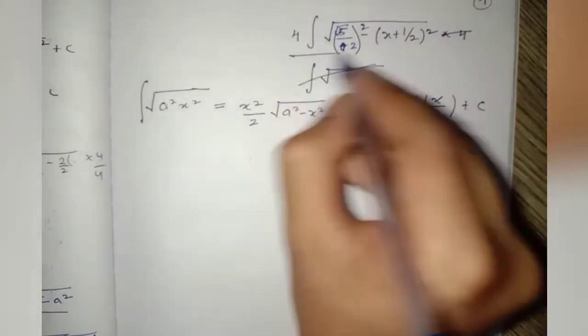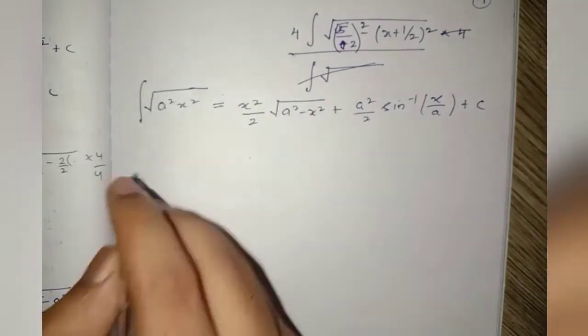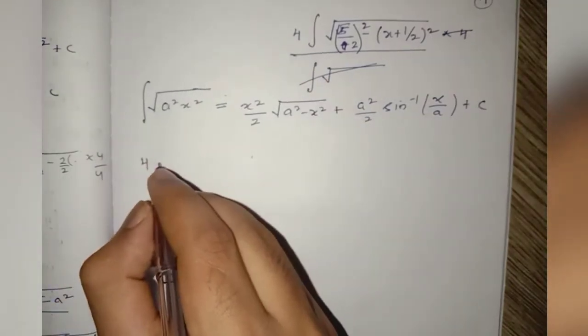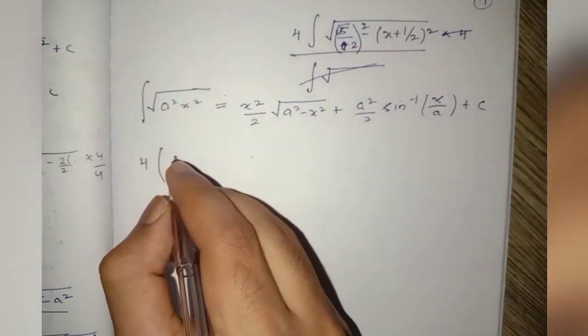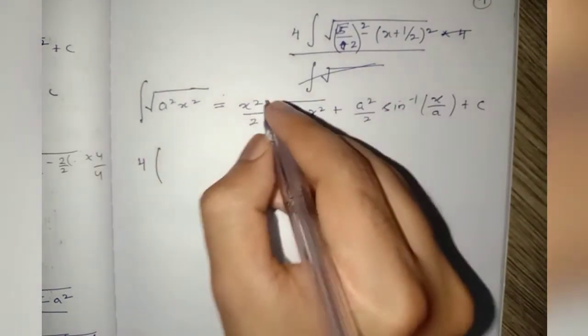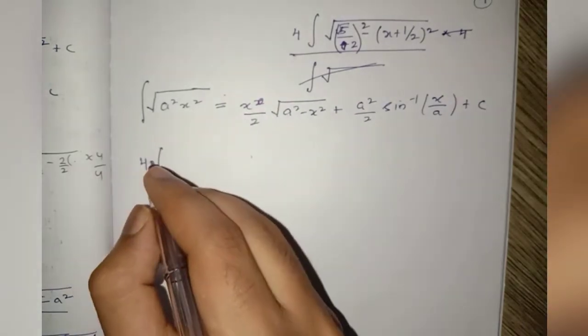So we need to apply this here, which gives us x by 2, no, it is only x by 2, there is no other x.